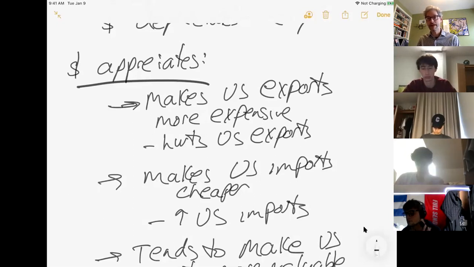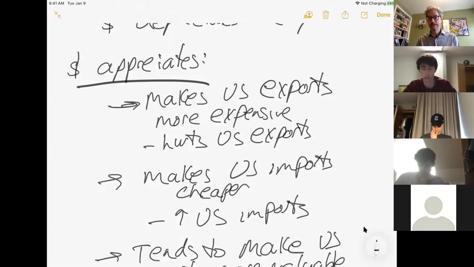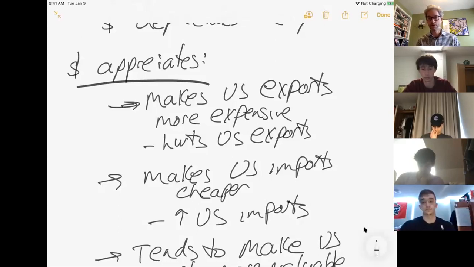Because what's a strong dollar going to do? A strong dollar is going to decrease US exports and increase imports and worsen our trade deficit. So the fact that he and other politicians talk about wanting a strong dollar on one hand, but wanting to reduce the trade deficit on the other hand, once again, they don't understand those two concepts don't go together, right?